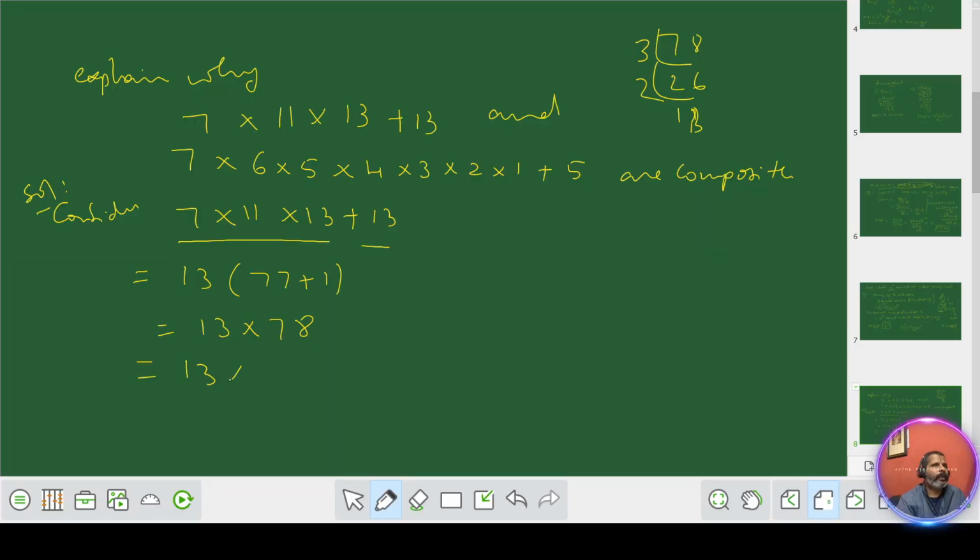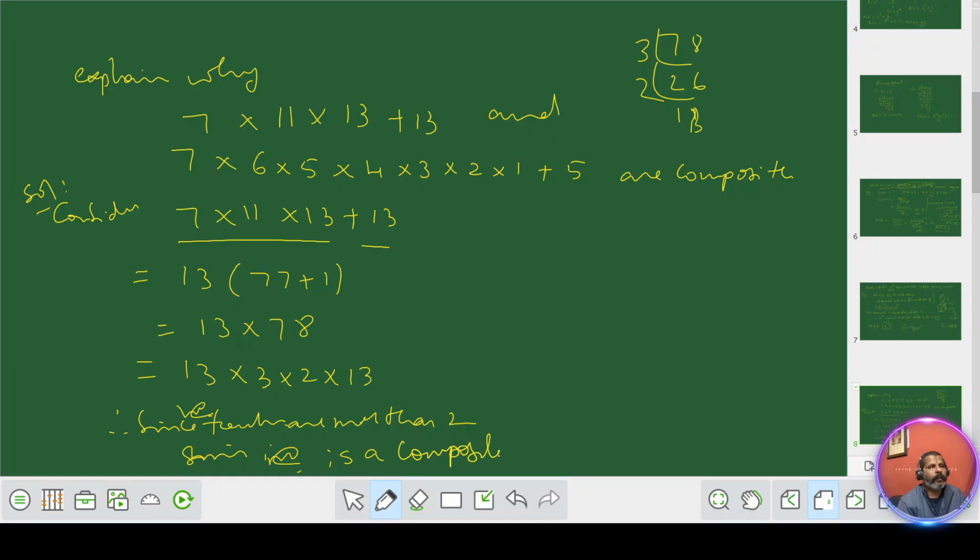So 13 into 3 into 2 into 13. Therefore, since the number of factors is more than 2, the given number is composite.